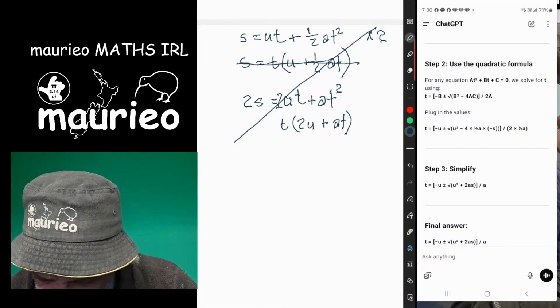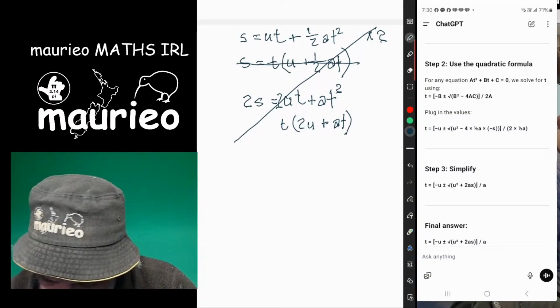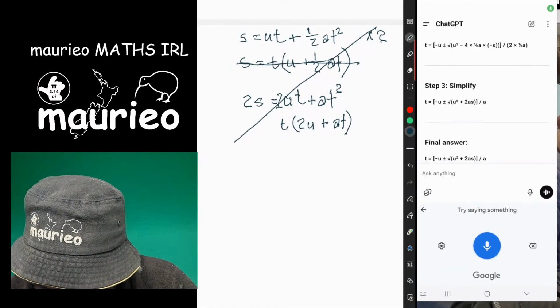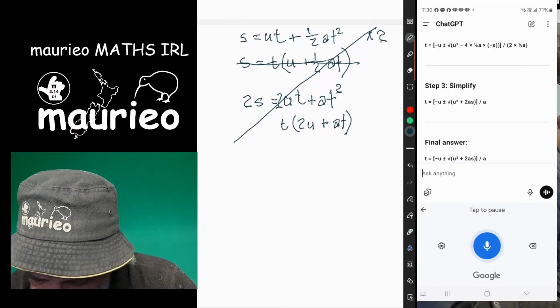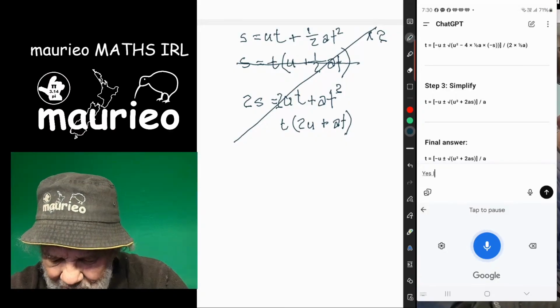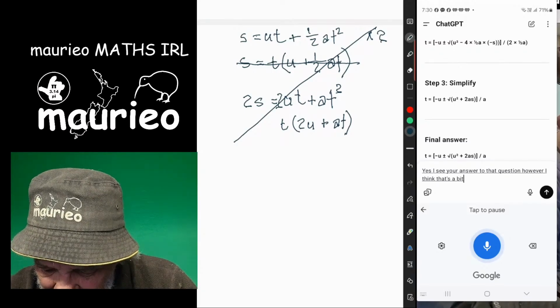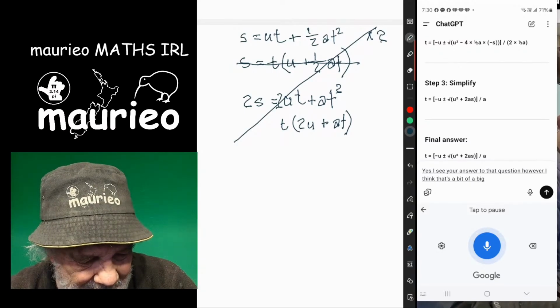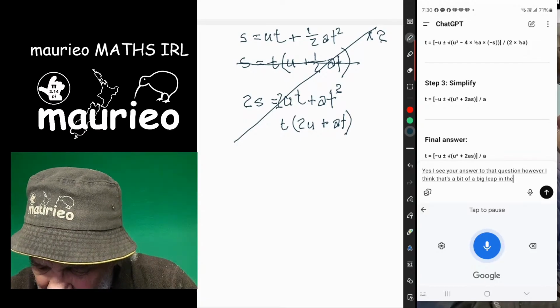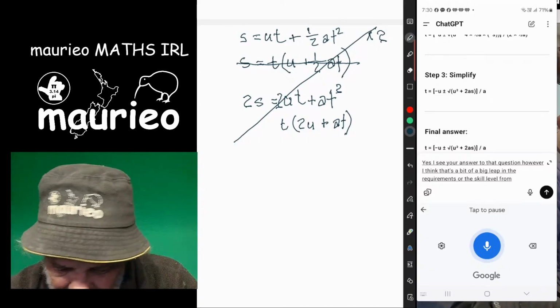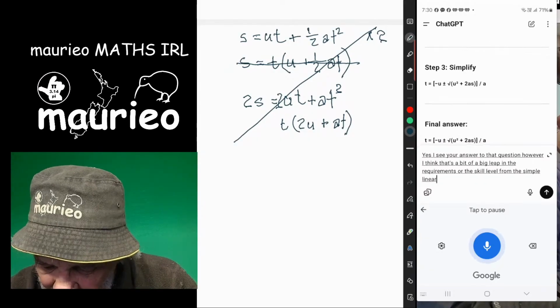Yes, I see your answer to that question. However, I think that's a bit of a big leap in the skill level from the simple linear equations through to quadratic.